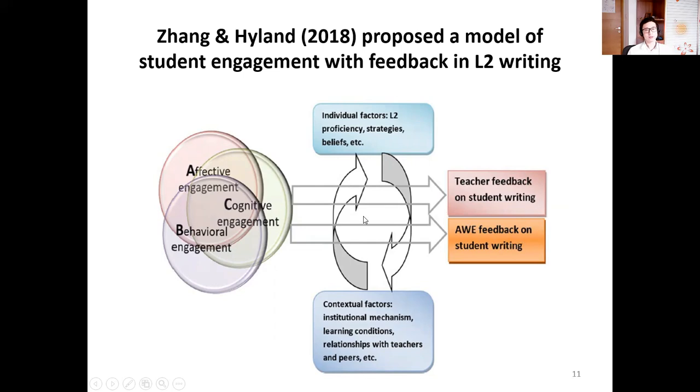In the process of engagement, multiple individual factors and contextual factors can influence their engagements. Individual factors include L2 proficiency, strategies, and personal beliefs. Contextual factors contain institutional mechanism, learning conditions, and relationships with teachers and peers.